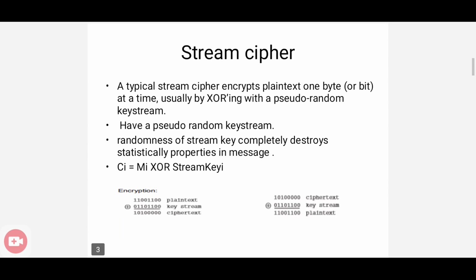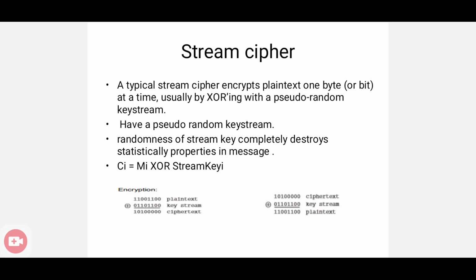First we can study what a block cipher is and what a stream cipher is. You already studied block ciphers and stream ciphers. In a block cipher, you divide the plain text into a number of blocks and encrypt block by block.